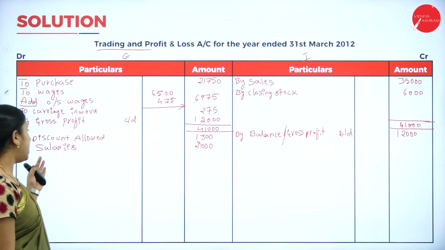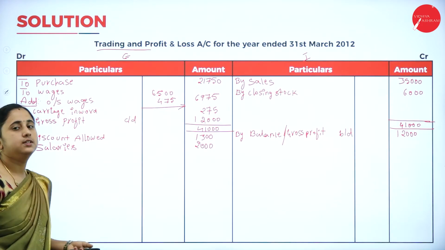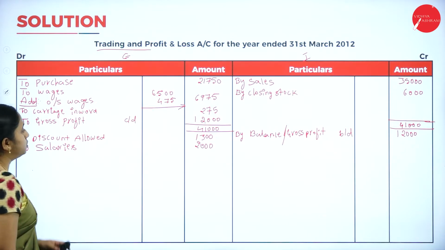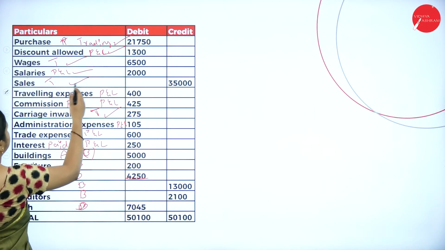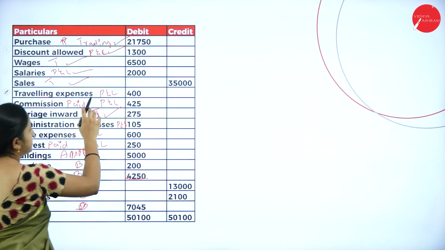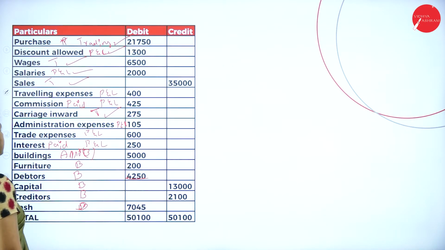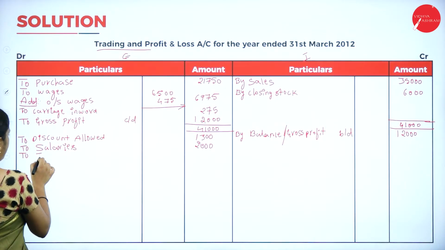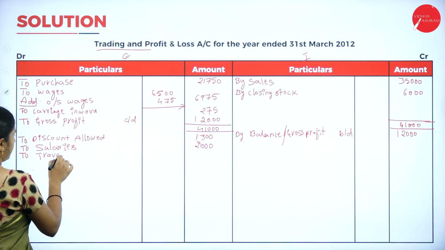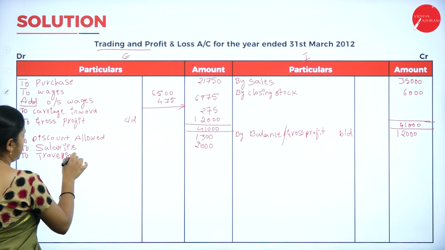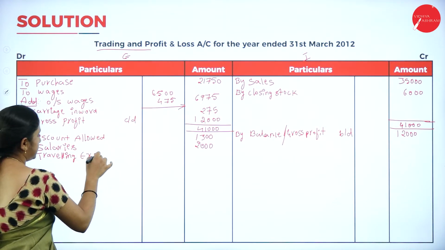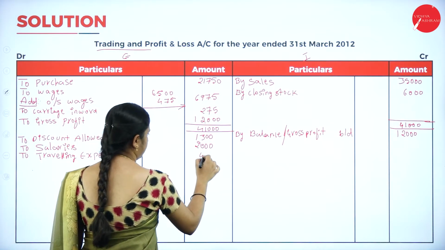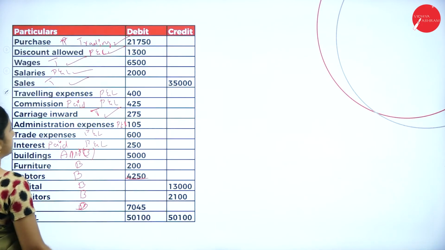If you have any outstanding salary, you need to add it with salary. In this problem you don't have any adjustment, so write 2,000 directly in the outer column. Then traveling expenses. Write on the debit side, to traveling expenses 400.